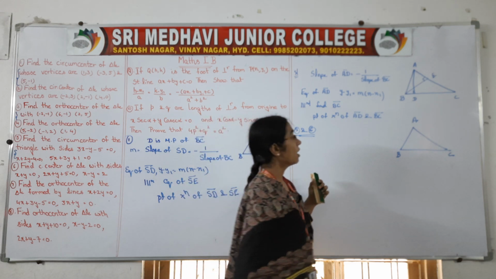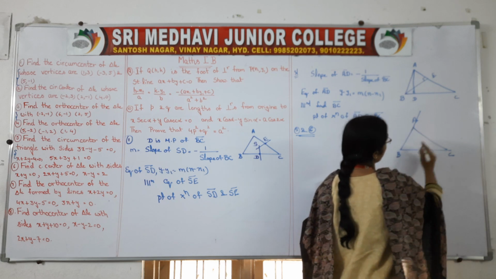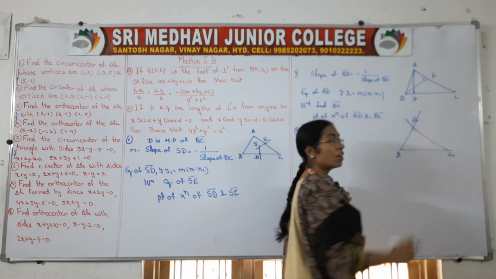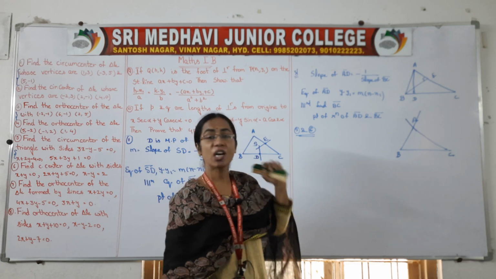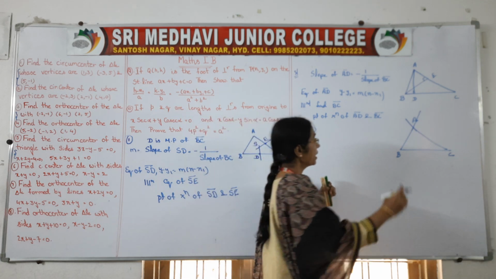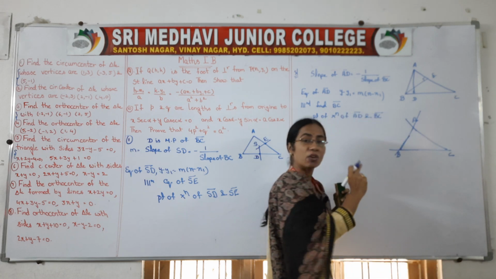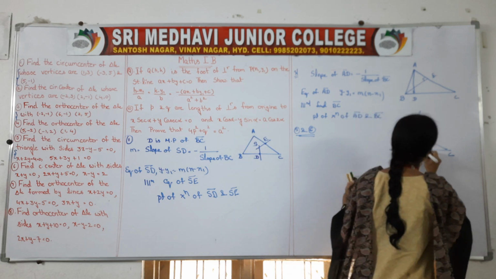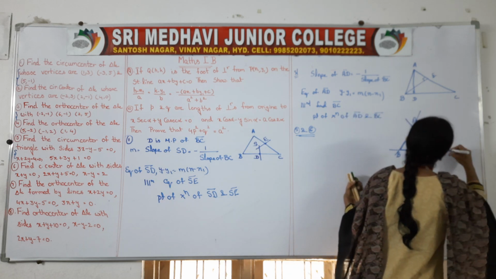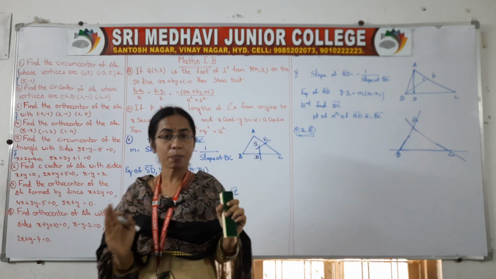How will we find the vertices? Very simple. Take AB and AC; the point of intersection of AB and AC gives your point A. The point of intersection of AB and BC gives your point B. Next, the point of intersection of BC and AC gives your point C. Getting my point?